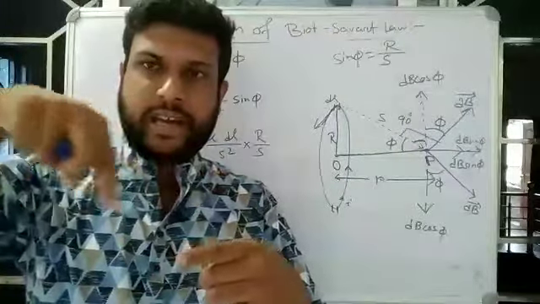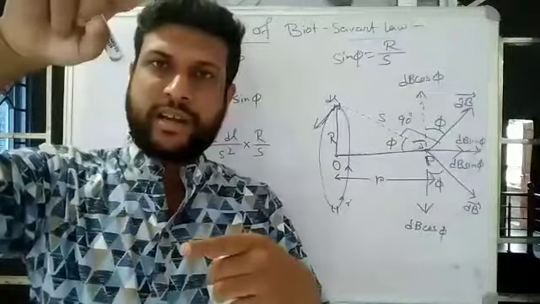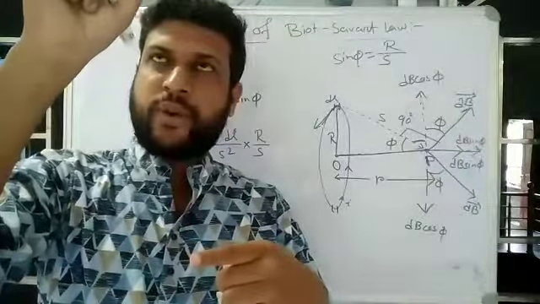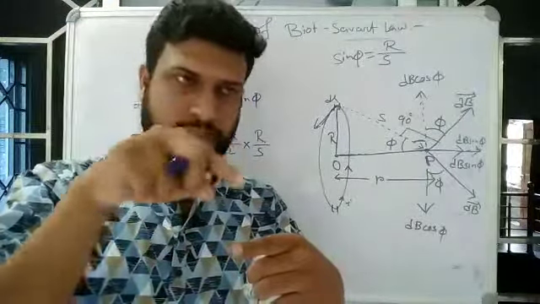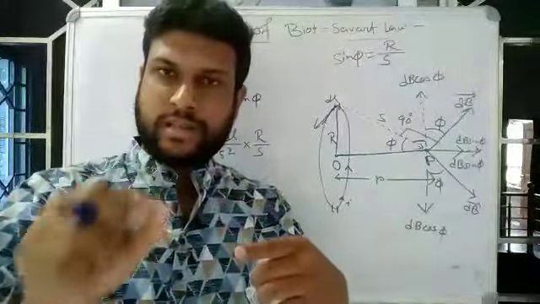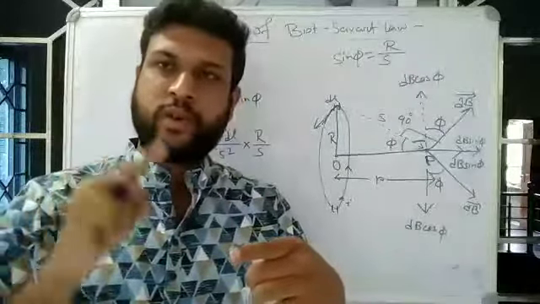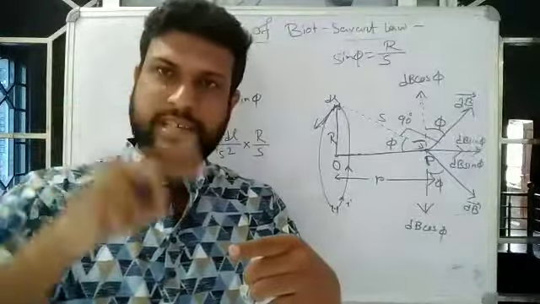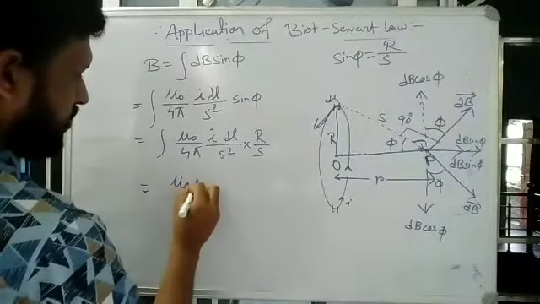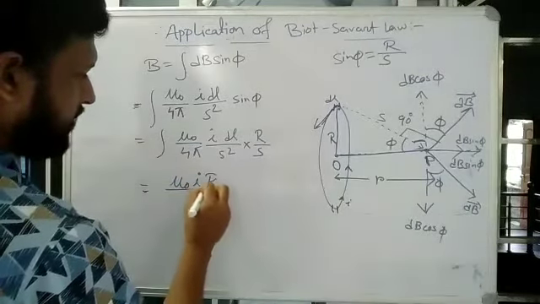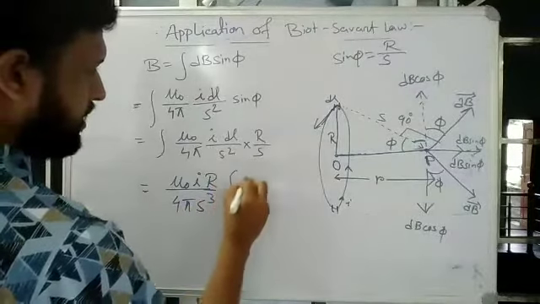If you take the circular wire and the point is somewhere here, and you tie a thread from this point to each point of the circumference of the ring, the length of the thread is always the same. So s is always the same. So you can write mu 0 I r by 4 pi s cube, integration of dl.